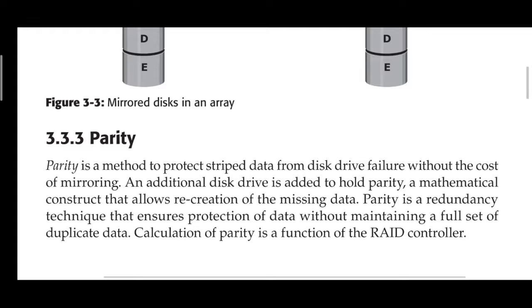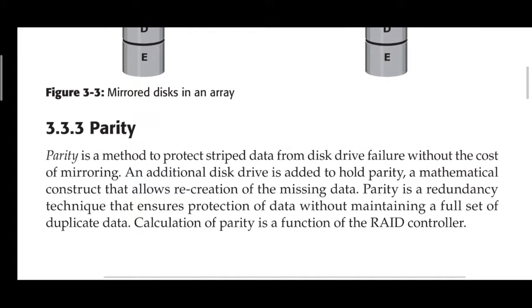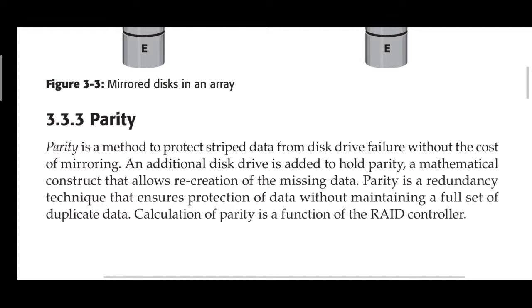Please remember, instead of going for mirroring, along with striping we can ensure parity to avoid data loss. An additional disk drive is added to hold the parity. A special disk drive array is required to hold the parity.